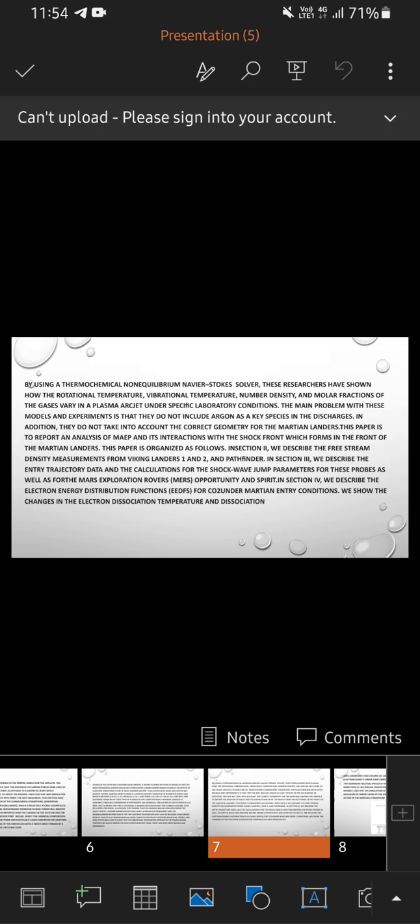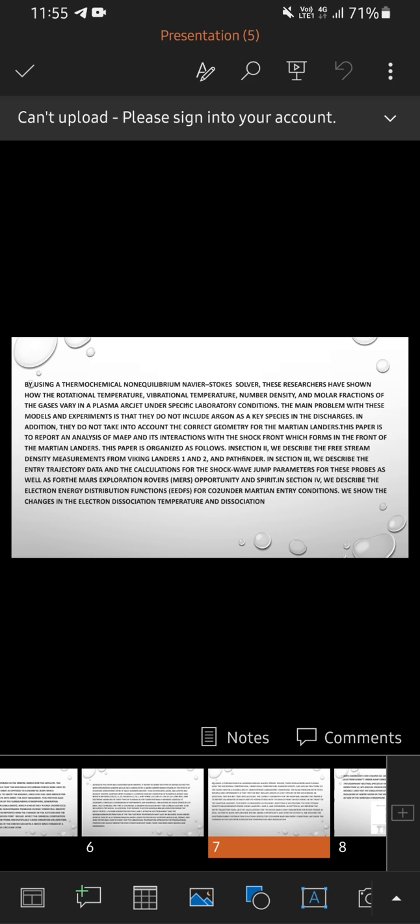This paper is organized as follows. In section 2, we describe the free stream density measurements for the Viking landers 1 and 2 and Pathfinder. In section 3, we describe the entry trajectory data and the calculation for the shock wave jump parameters for this probe as well as for Mars Exploration Rovers MERs Opportunity and Spirit.